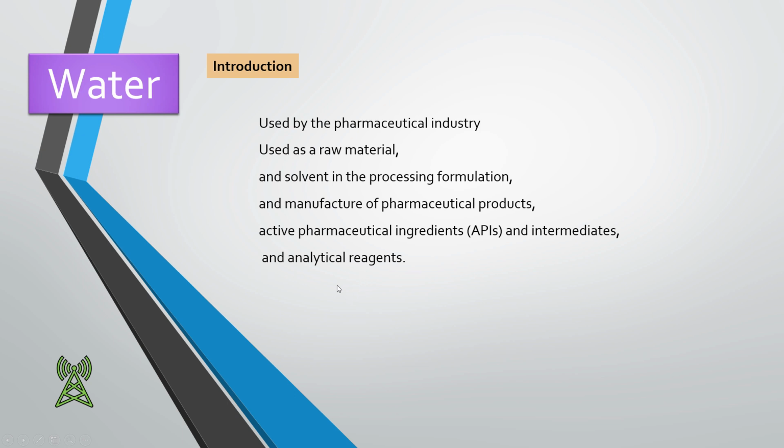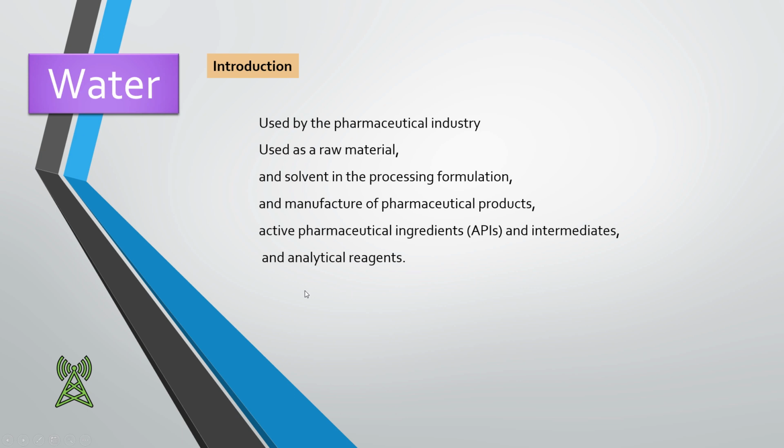Water is there to maybe dissolve those things, or maybe in the part of the reaction also, and in the production of intermediates, which are the kind of compounds which are then further processed to produce the final APIs.